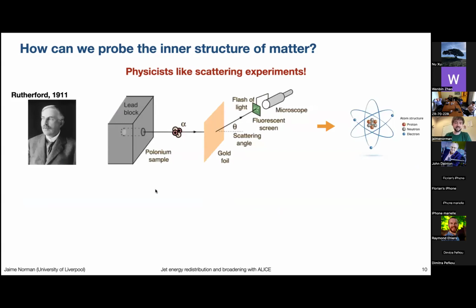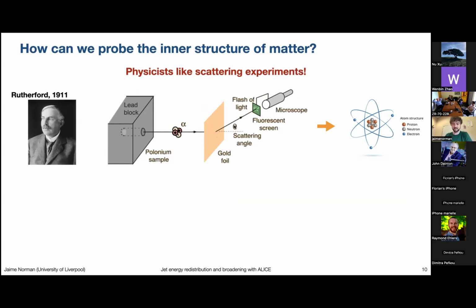Looking at real physics experiments, we can take the Rutherford scattering experiment as an example, where Rutherford, just down the road from here in Manchester, fired an alpha particle at a gold foil and measured the scattering angle of this particle, in particular the occasional large angle scatters.